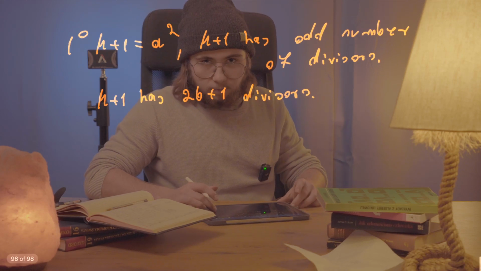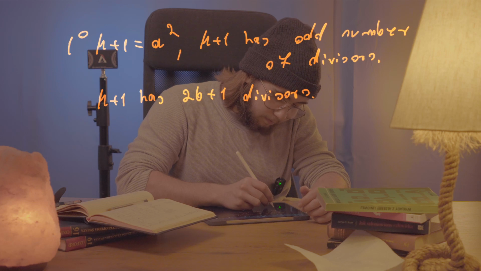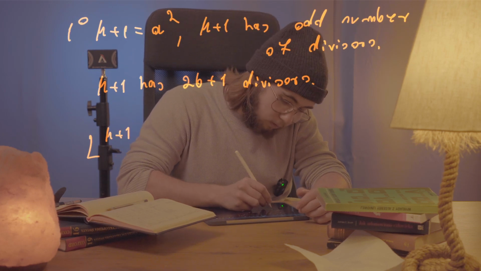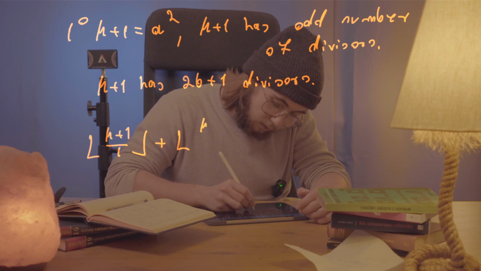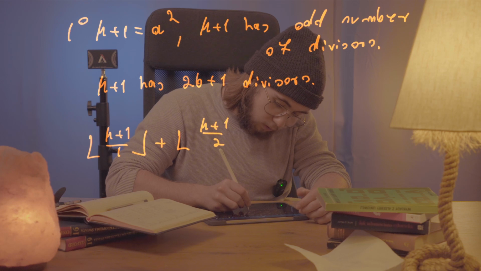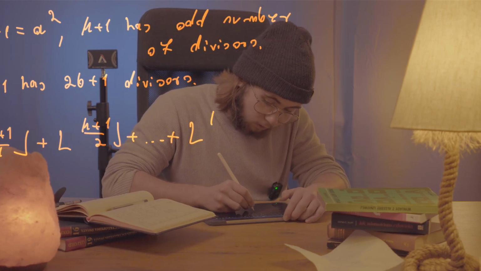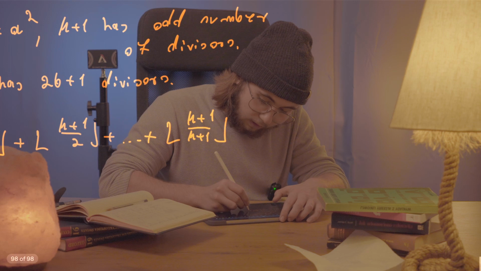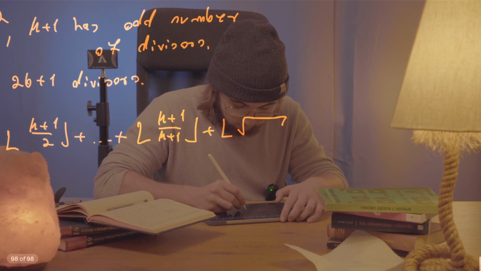Then it means that in this sum, the floor of k plus 1 over 1, then the floor of k plus 1 over 2, and I'm going to be summing stuff up until we get to the floor of k plus 1 over k plus 1, and then plus the floor of the square root of k plus 1.